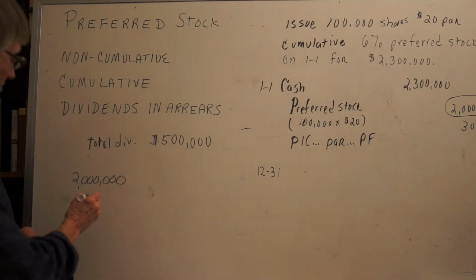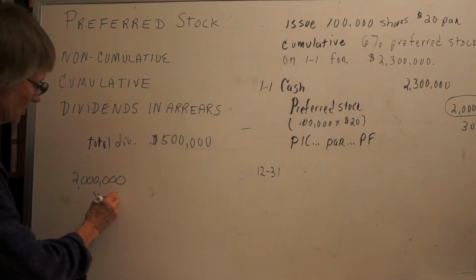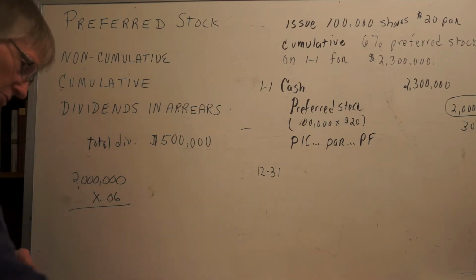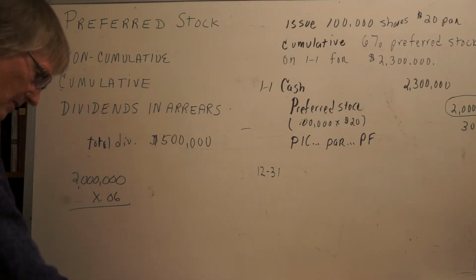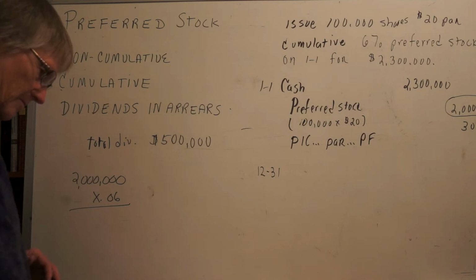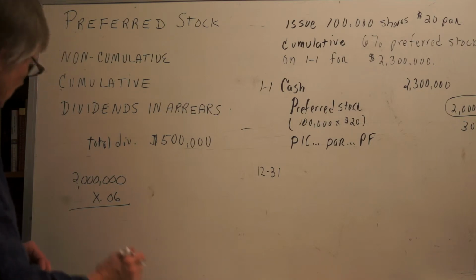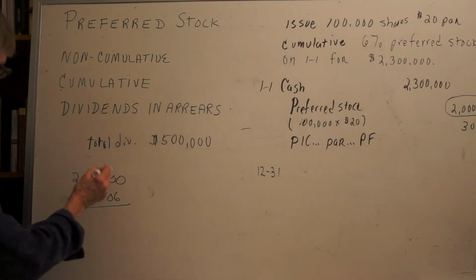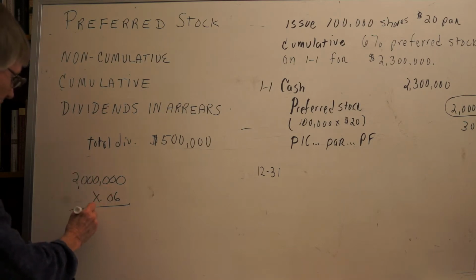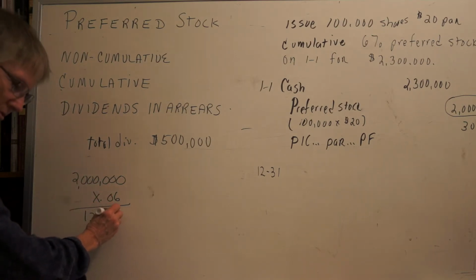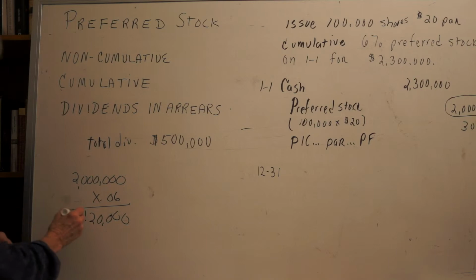It is 6%, so you go times 0.06, and that gives you the annual dividend for the preferred stockholder, which would be $120,000. Okay, and that would be their annual preferred dividend.